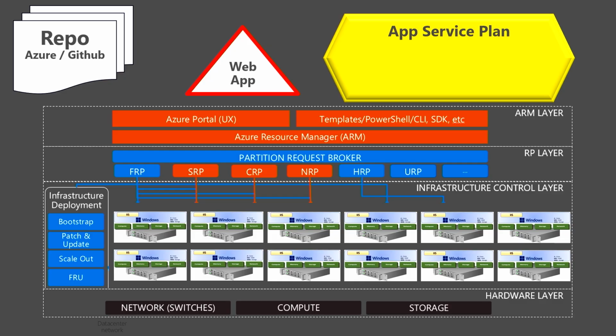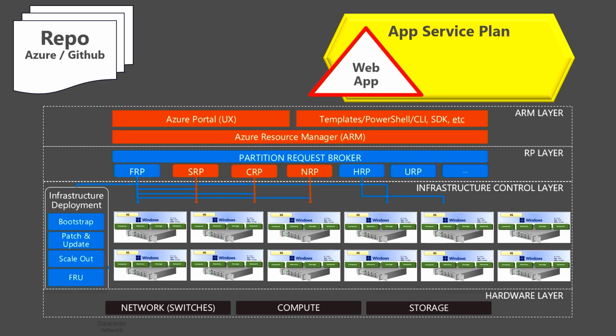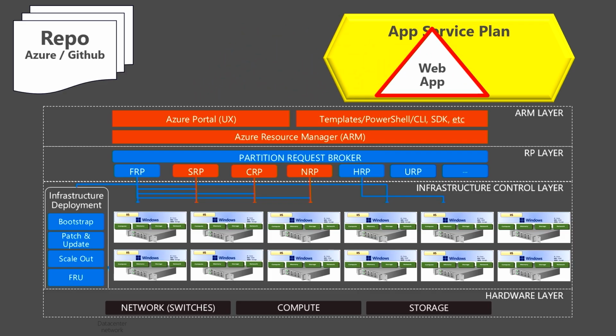Inside of that web app, in this case, you have function apps and logic apps. I'll be showing you some of these, as well as other types of apps that could then run inside of your app service plan, giving them access to the features, things like deployment slots, and the resources of compute, memory, and storage that you had available. And then you would take your code and run it in that web app itself.